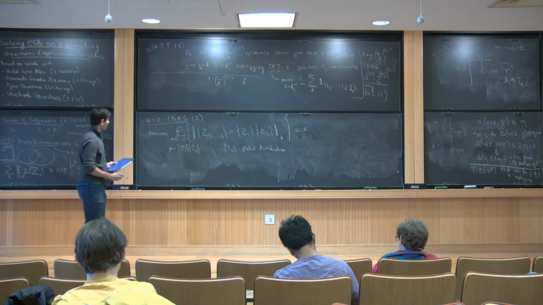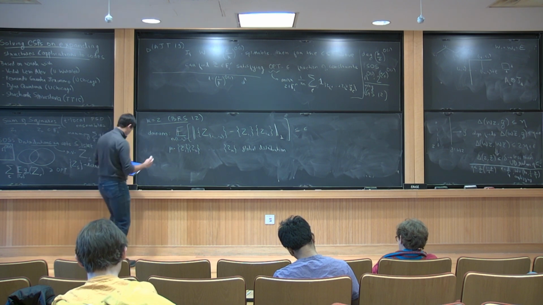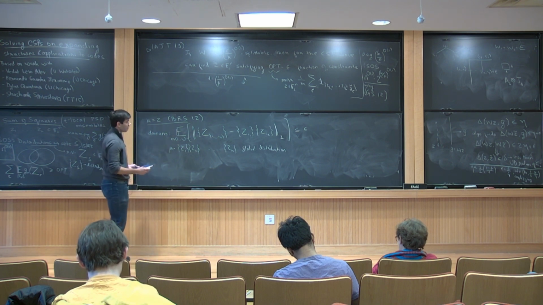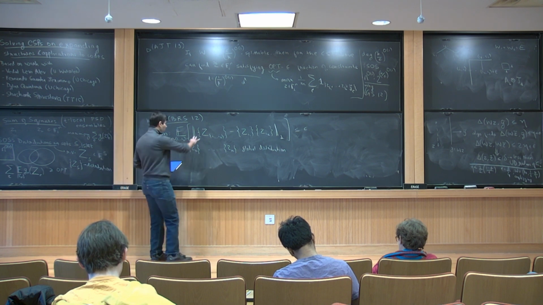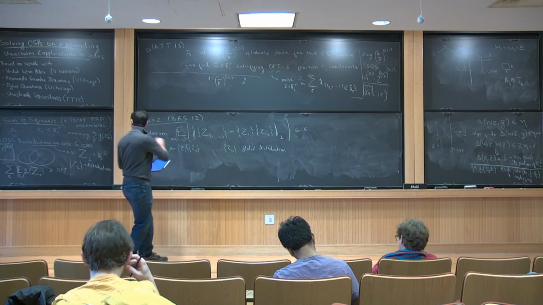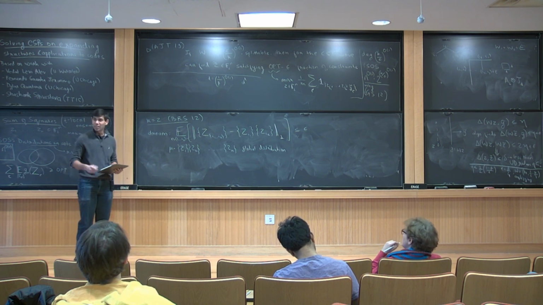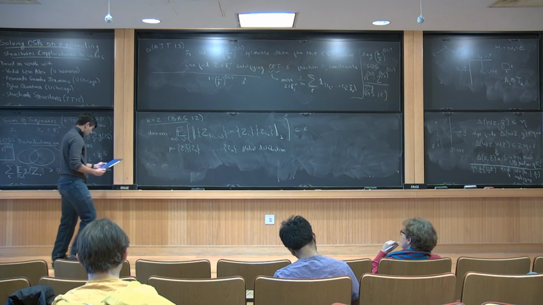What they show is that this indeed happens if maybe you don't look at this random variable Z, but a slight modification of it, which is a conditioning of the random variable.